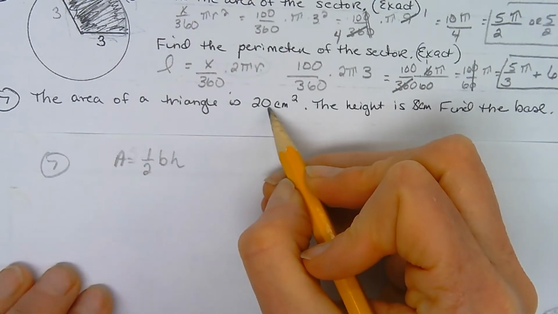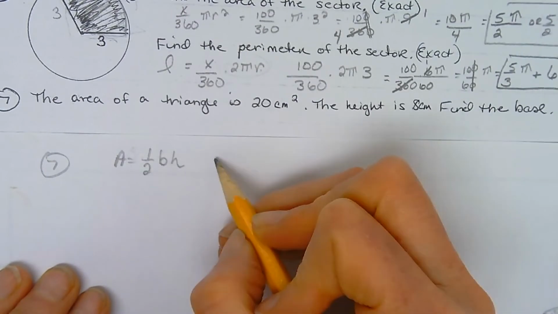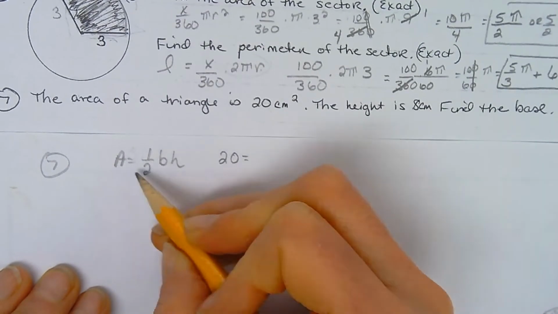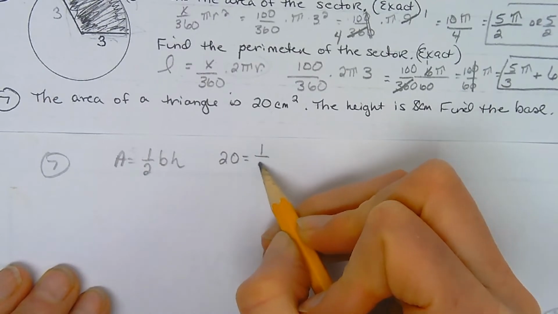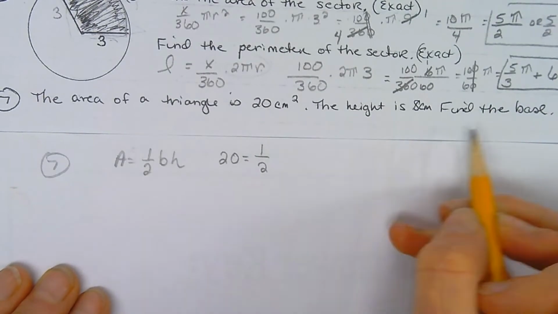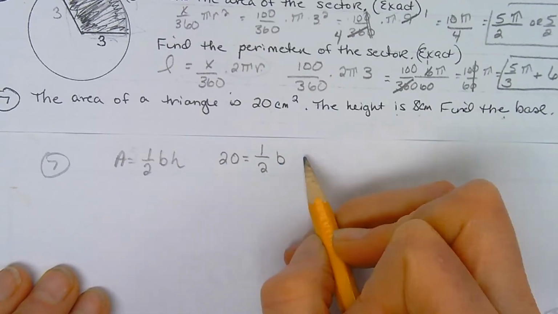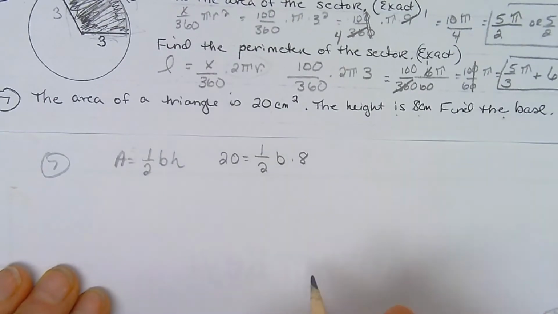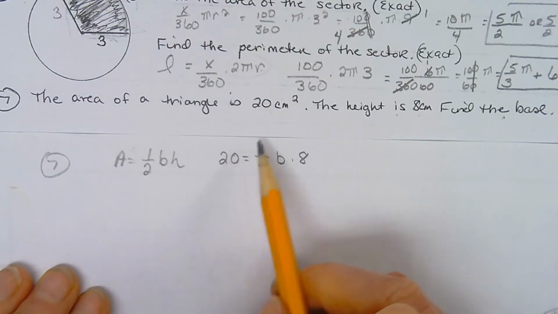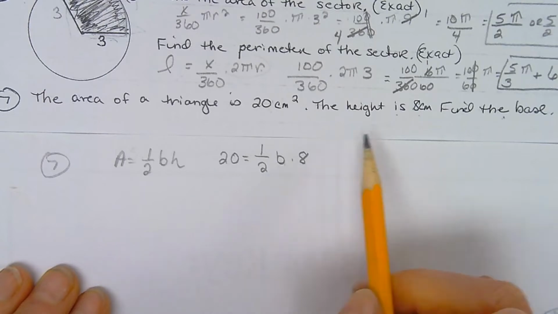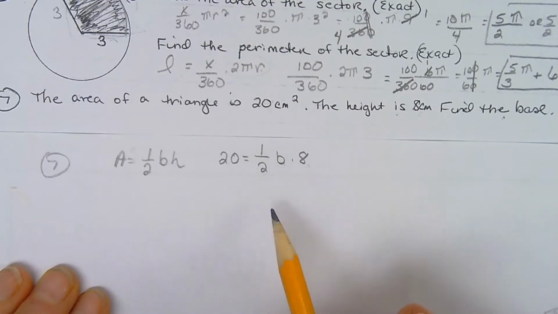And I can substitute in, I'm given the area, so that will be 20, substitute in for area, equals 1/2. Now I have to find the base, but I'm given that the height is 8 centimeters. So I just plugged in everything I know. The area, the base, I don't know, and then the height is 8.